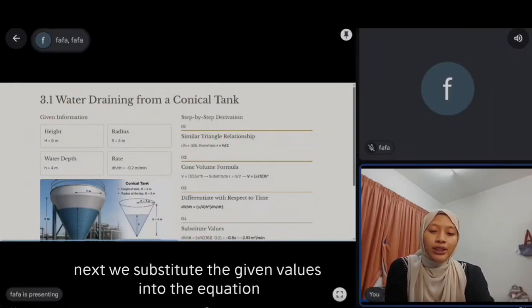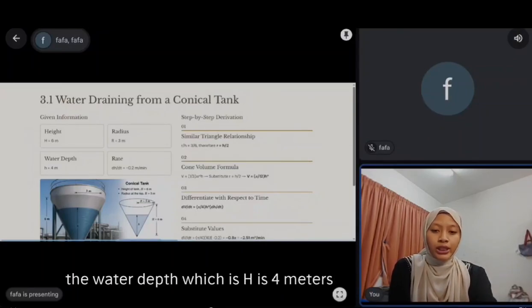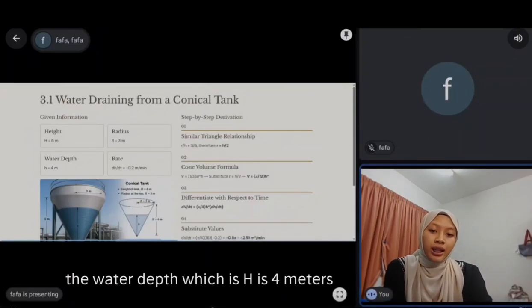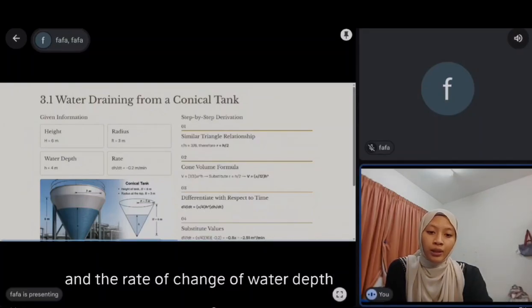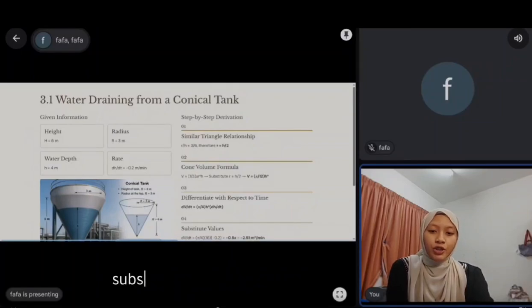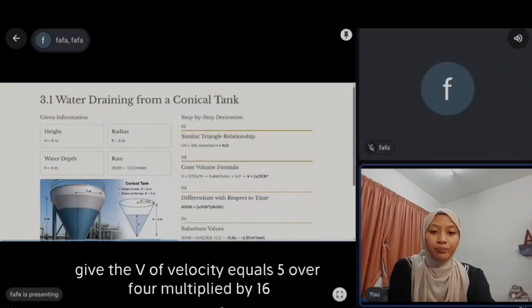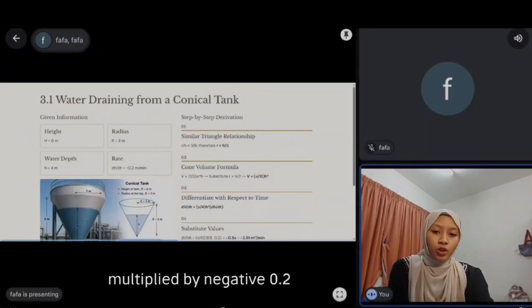Next, we substitute the given values into the equation. The water depth, h, is 4 meters, and the rate of change of water depth, dh over dt, is negative 0.2 meters per minute. Substituting these values gives dV over dt equals pi over 4 multiplied by 16 multiplied by negative 0.2.